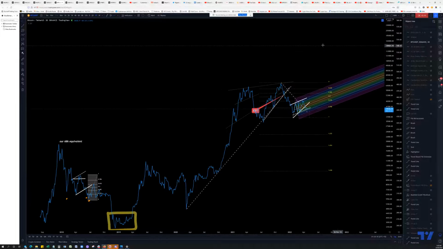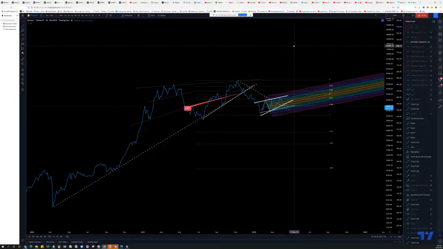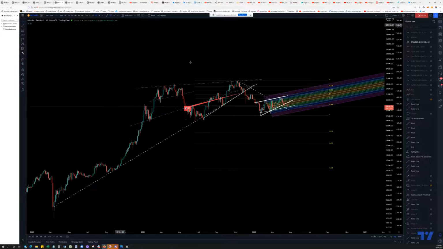That sort of gets rid of all the wicks, and when I add the candlesticks back to it, it was fine. So going back to the daily, this trend line becomes important.